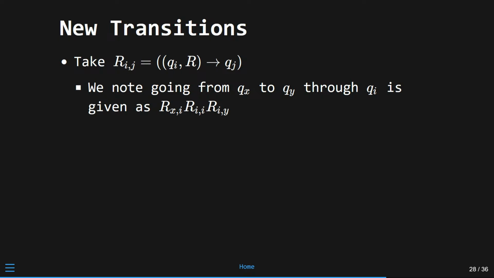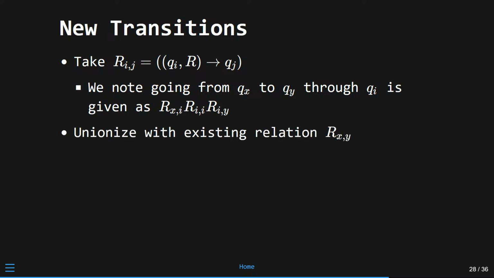This is a regular language, that's a regular language, that's a regular language. I'm allowed to concatenate regular languages, so no problem. This is still a regular language. There is one thing I have to remember, though. This is a regular language that transmits me from x to y. There's already a regular language that does that, called Rxy, the label of the arrow from x to y.